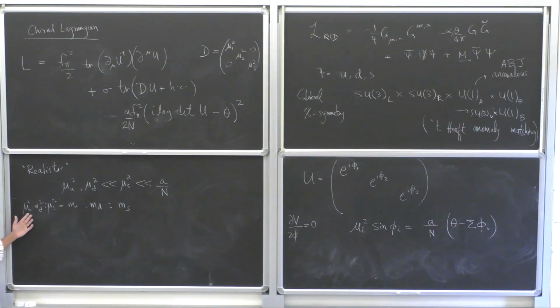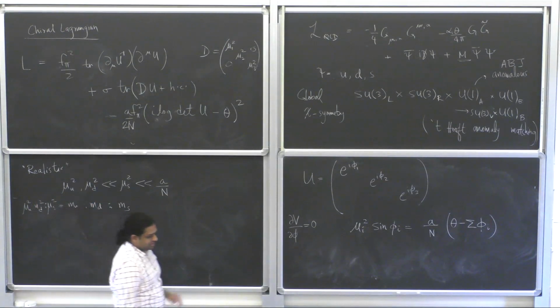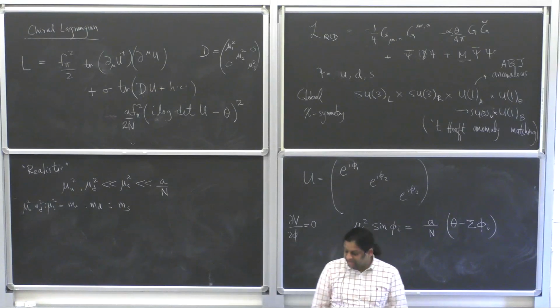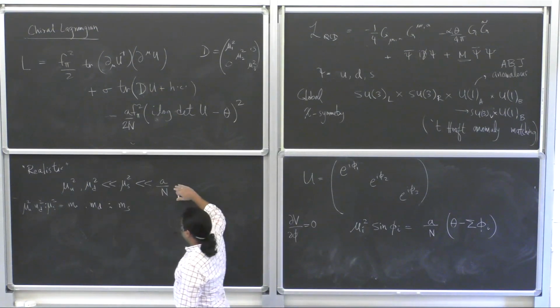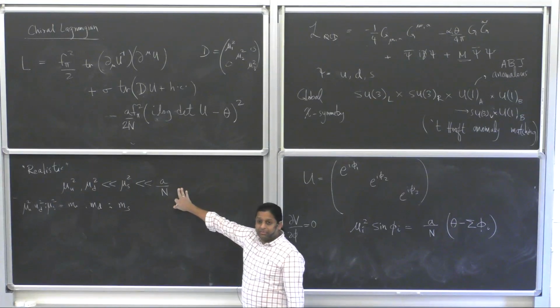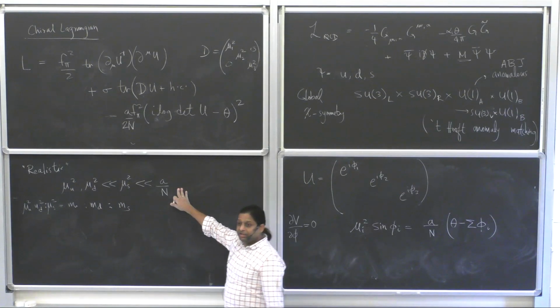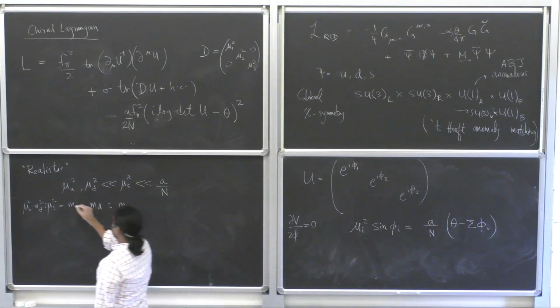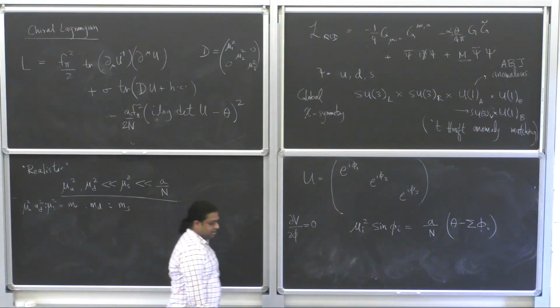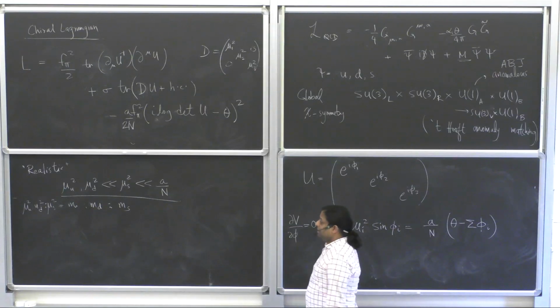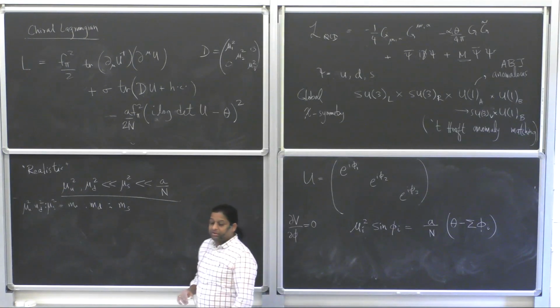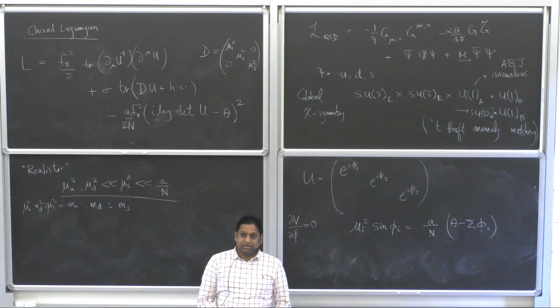And so indeed in the real world, in the so-called two-flavor approximation, we take the strange quark mass to be much larger than the up and down quark mass. And also the eta prime mass that is coming from this anomaly term is much larger than either of them. So this would give us at least a qualitatively realistic idea of what the dependence on theta would be in the vacuum energy in realistic QCD. Okay.